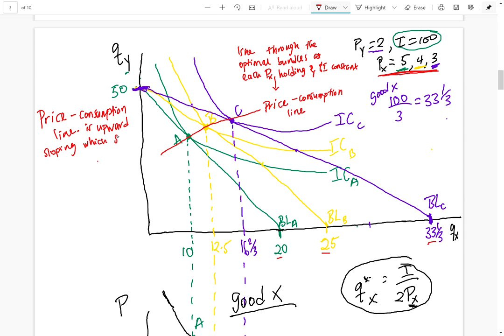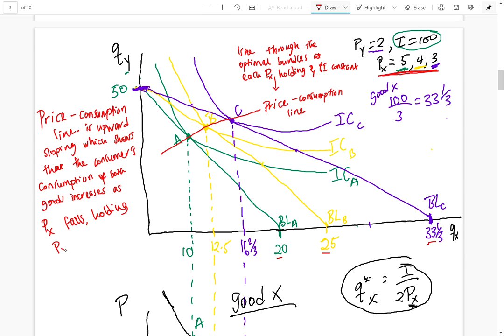Which shows that the consumer's consumption of both goods increases as the price of good X falls, holding both the price of good Y and income constant.